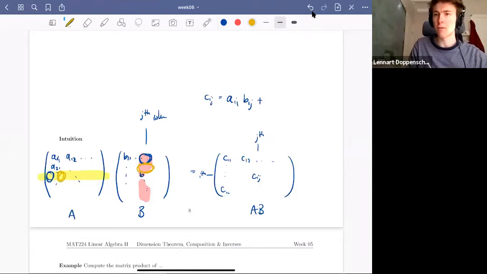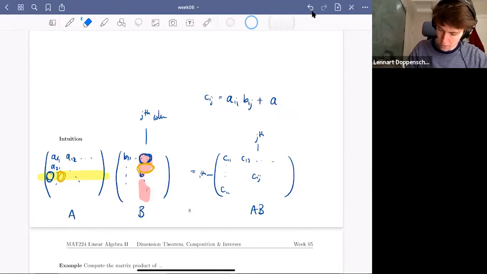So you basically perform a dot product between the column here and the row here. If I keep writing this, this is going to be ai2, the second element in the ith row, and you multiply this with b2j.